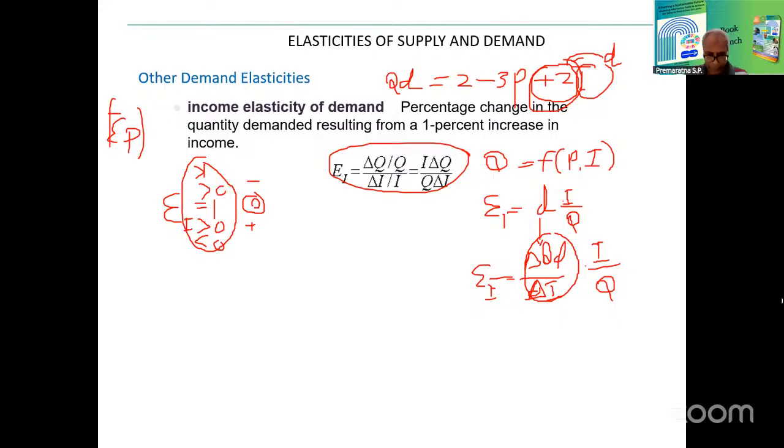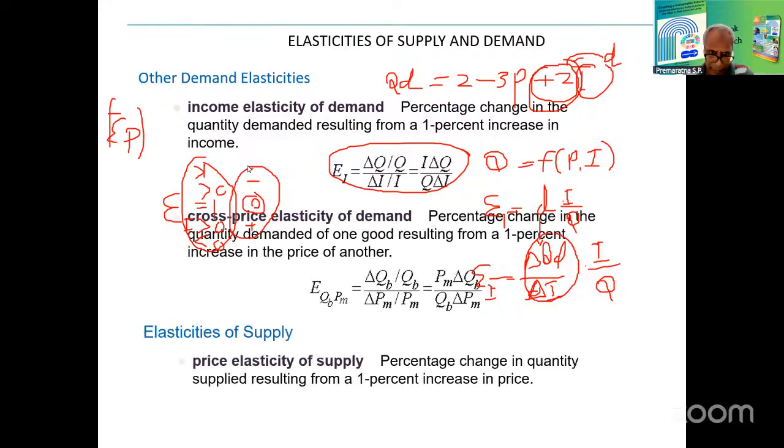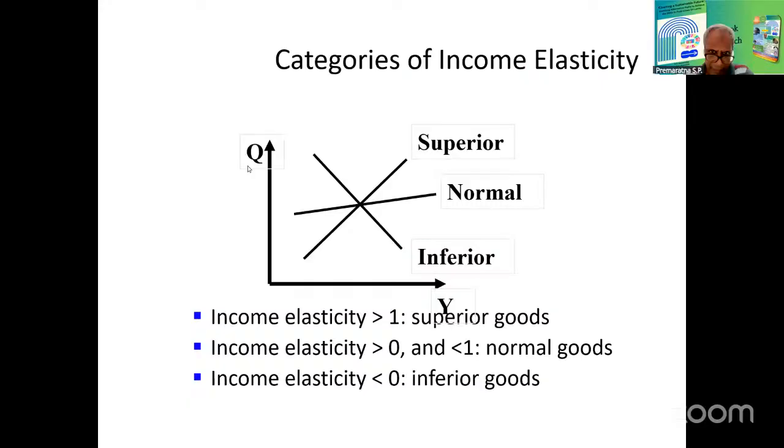Now, based on these numbers, we can define the particular good either as a superior good, a kind of luxury good, a normal good, or an inferior good.